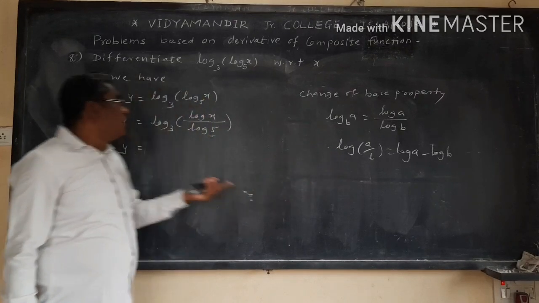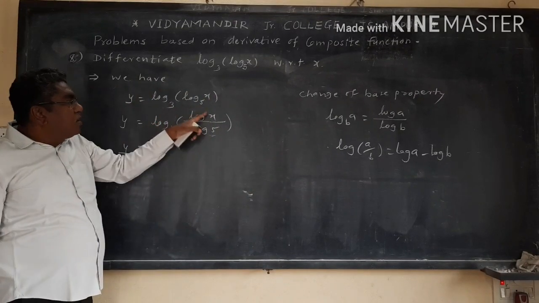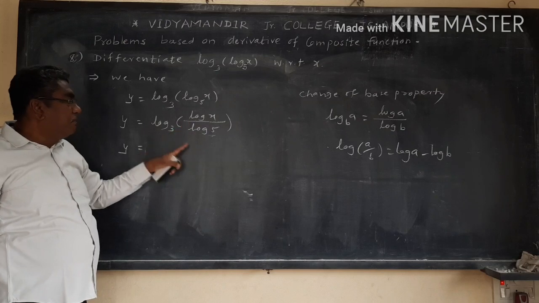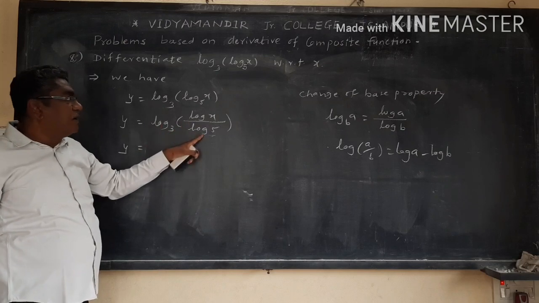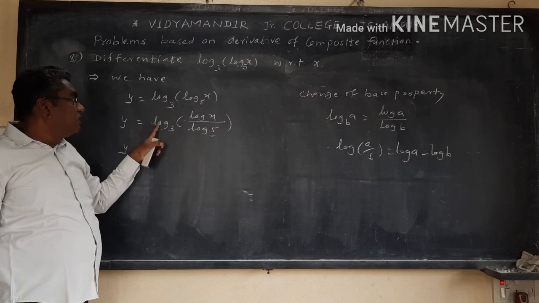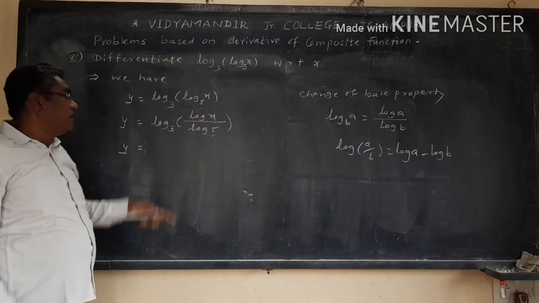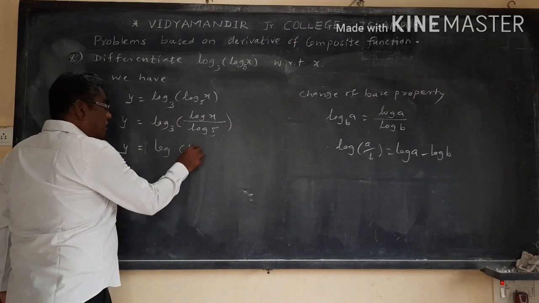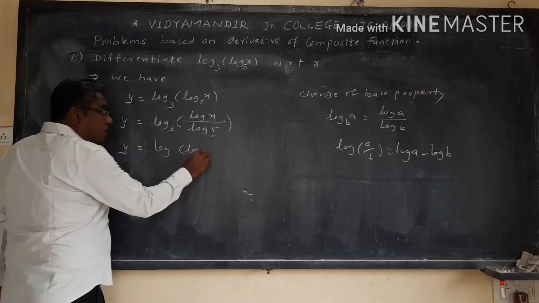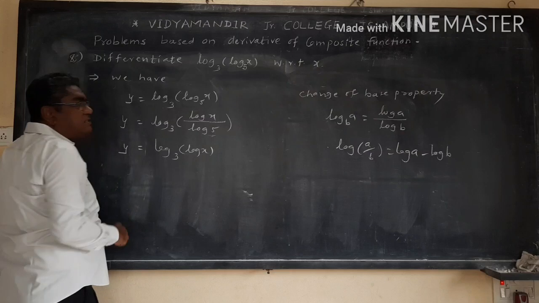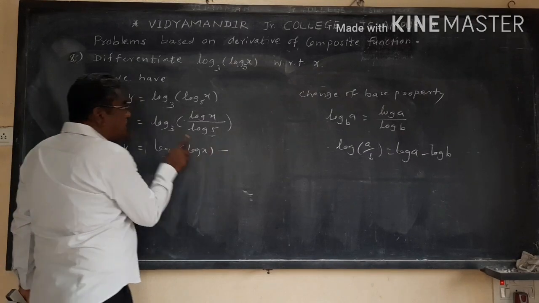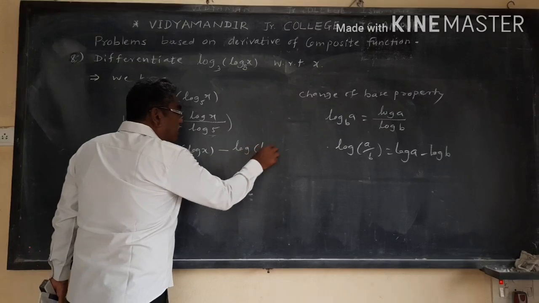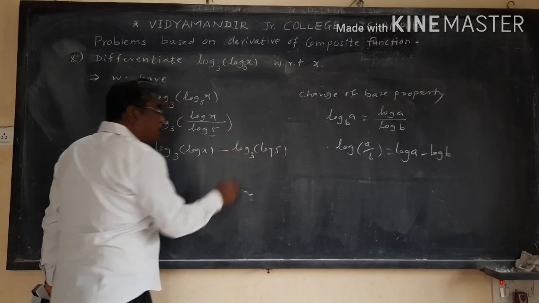According to this property, log x to the base 3 minus log 5 to the base 3. The log of numerator to the base 3 minus log of denominator to the base 3.